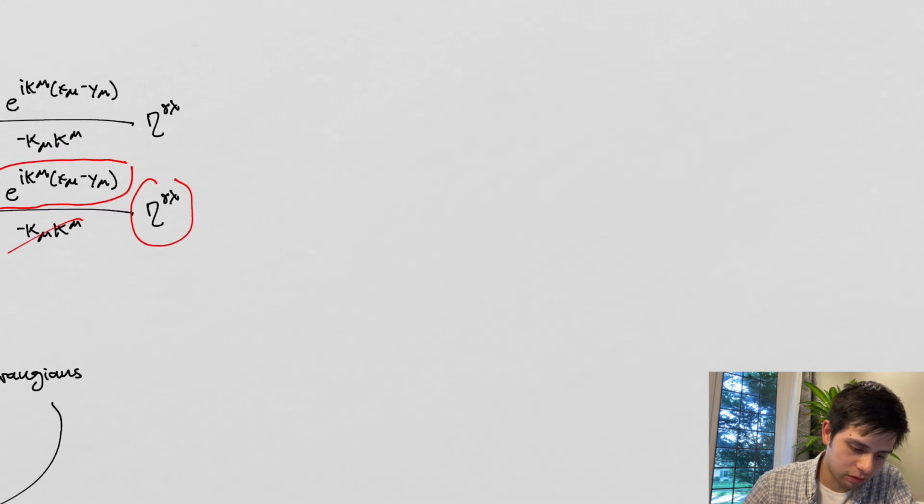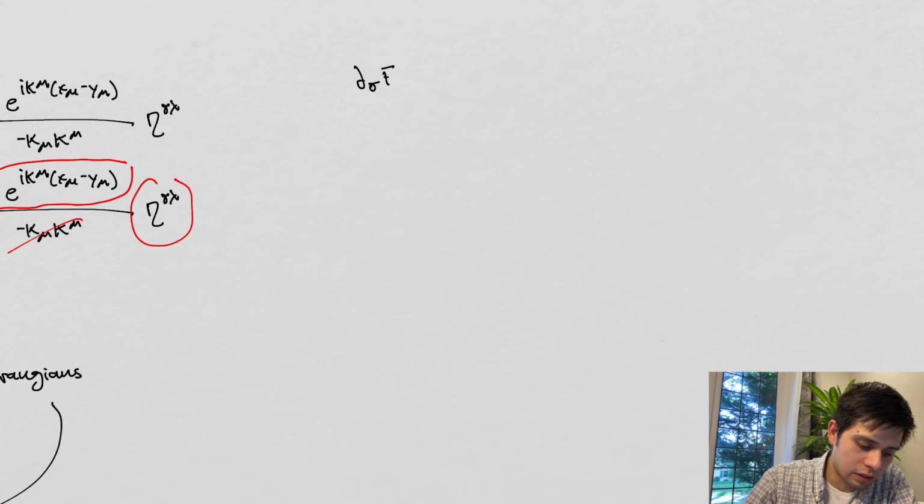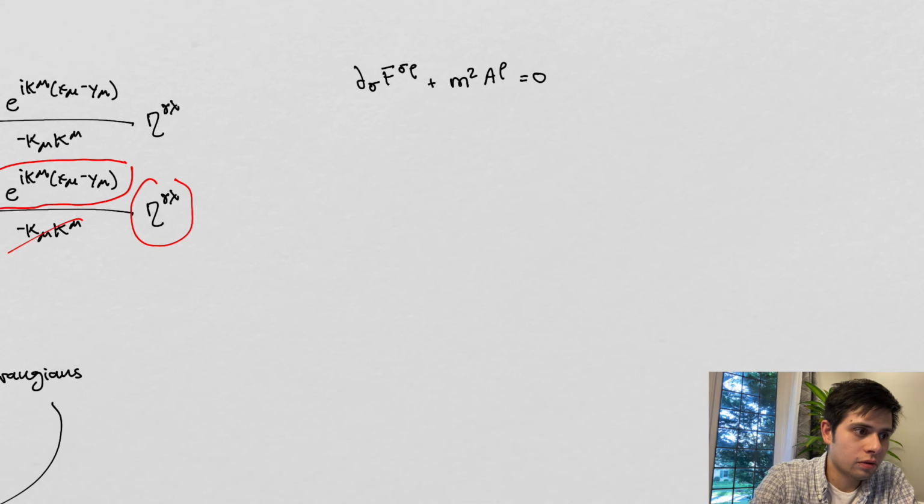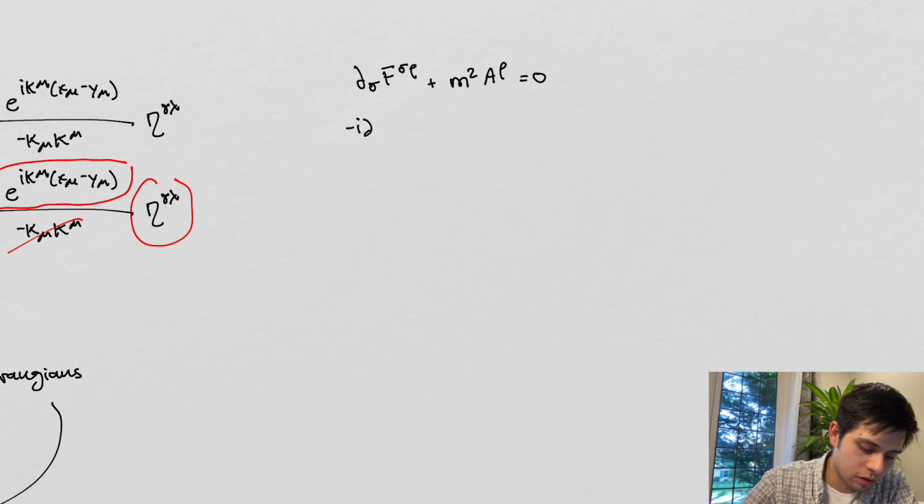Let's talk about, so our Proca equation was d plus m squared a rho equals 0, right? And then our Dirac equation was I gamma mu d mu.